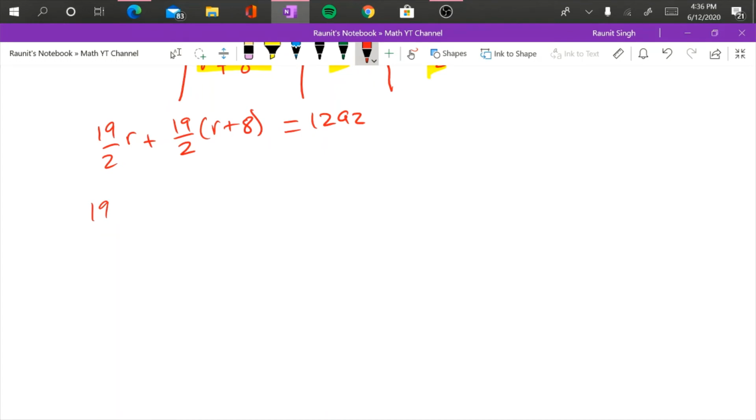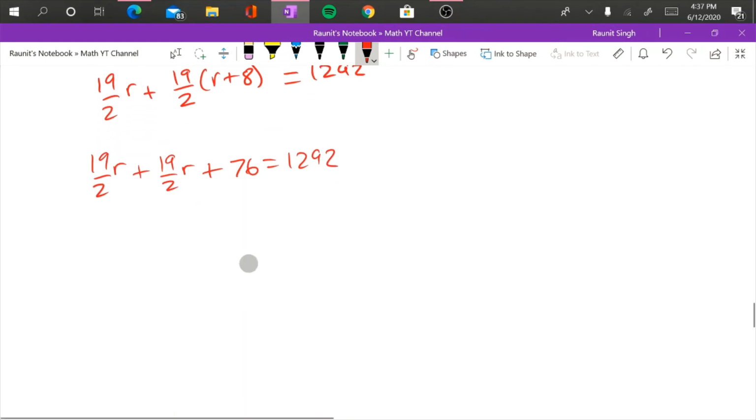So 19 over 2r plus 19 over 2r plus, what's 19 times 4? So 19 times 4 is 76, which is equal to 1292. Okay.